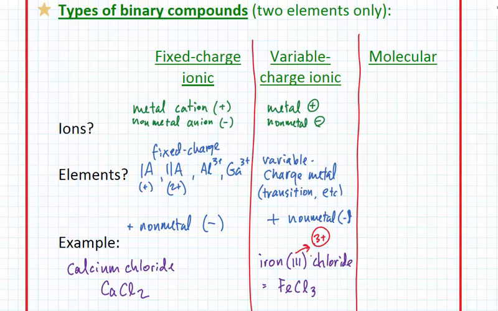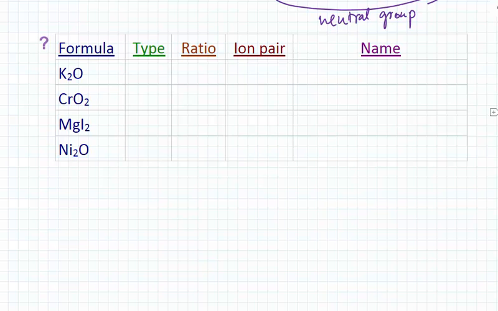Okay? So Roman numeral added to variable charge compounds, because if it's a variable charge metal, we have to say what the particular charge was. Okay? So fixed ionic versus variable ionic, the only difference between those is where the metal came from.